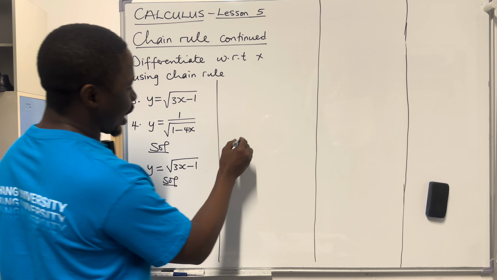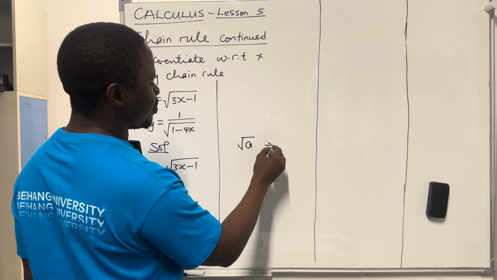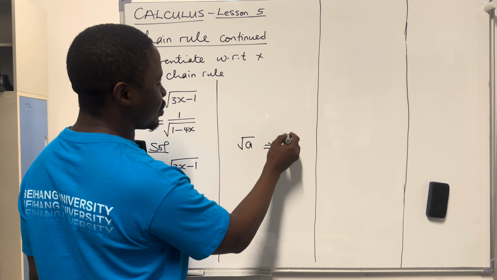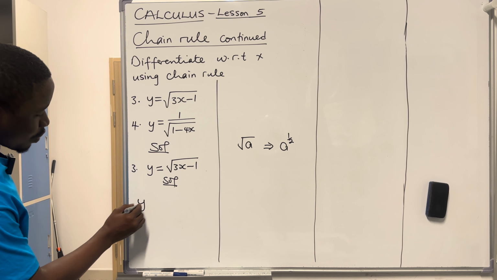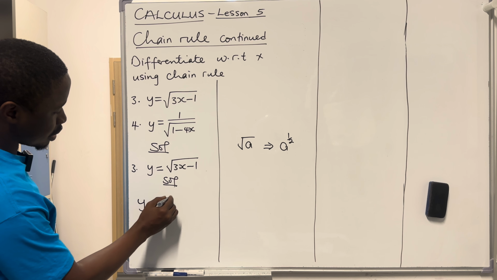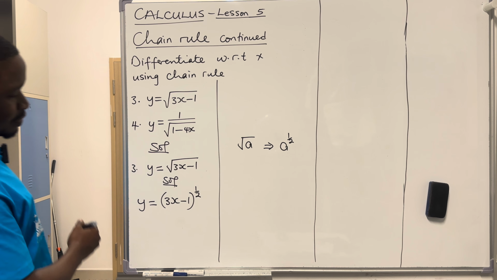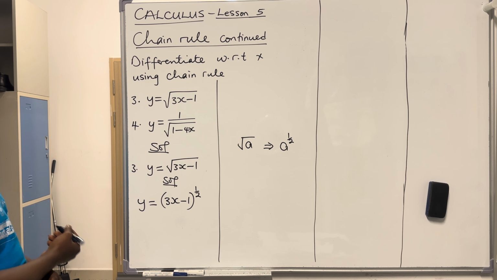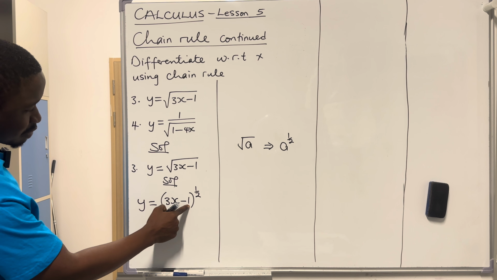First of all, when we have the square root of any value, it implies that value raised to the power half. So the same thing goes, y equals 3x minus 1 to the power of half. Okay, so the next thing we do, we consider what we have in the bracket, which is 3x minus 1.